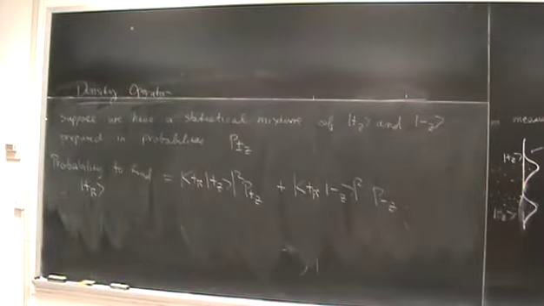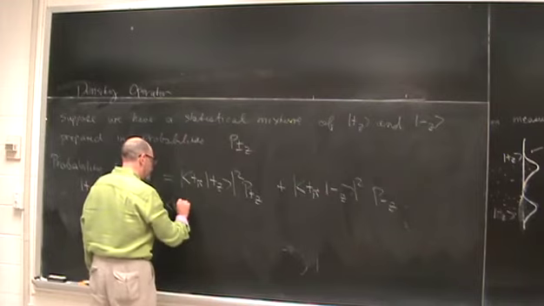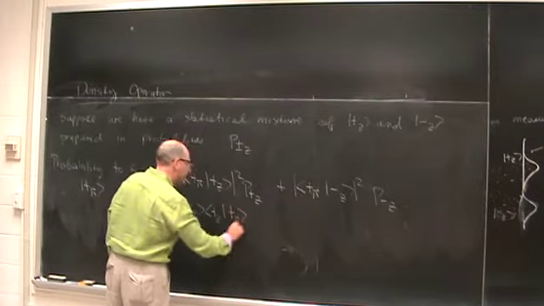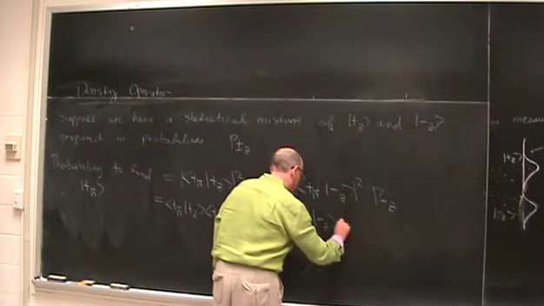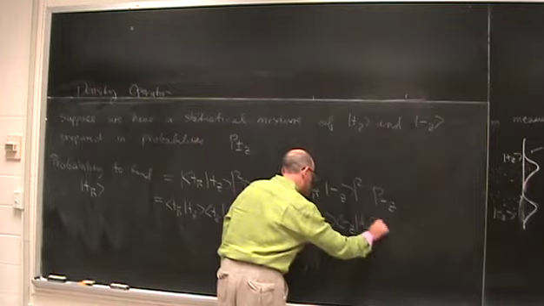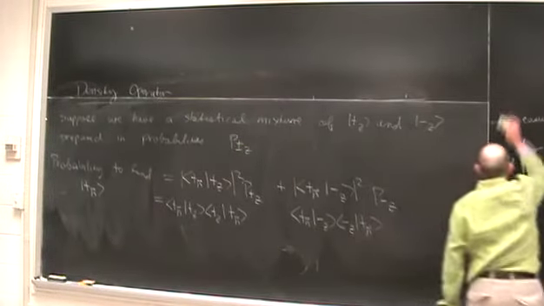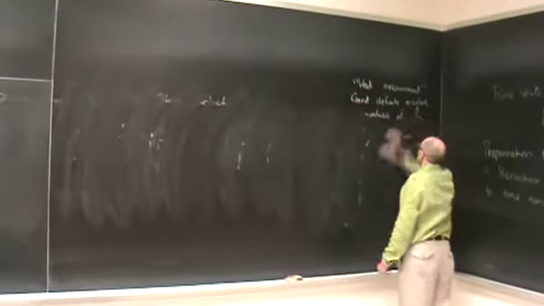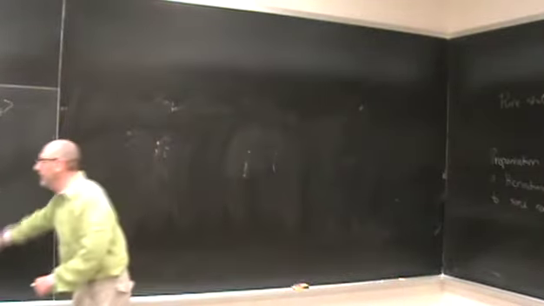Okay? So let me rewrite this. This is equal to this times its complex conjugate. And the complex conjugate is reversing the bras and the kets. Okay? And so I'll write this like that. All right? And because the inner product is linear, I can rewrite that probability in the following way.